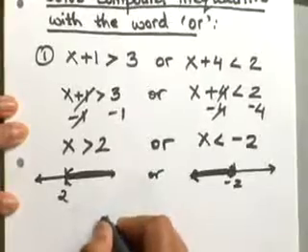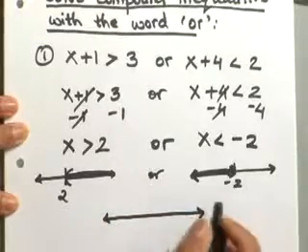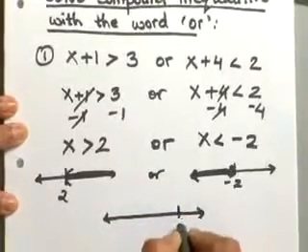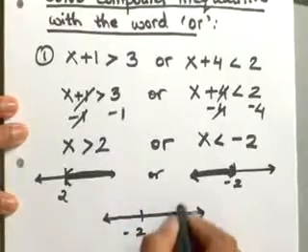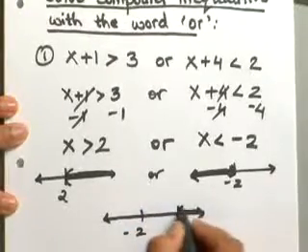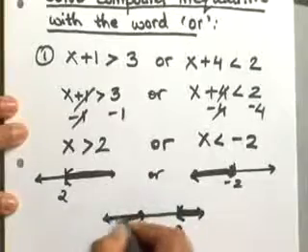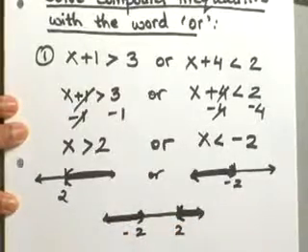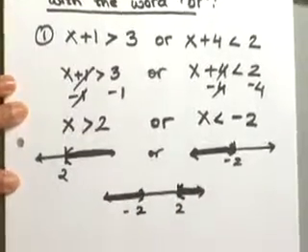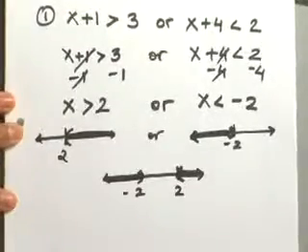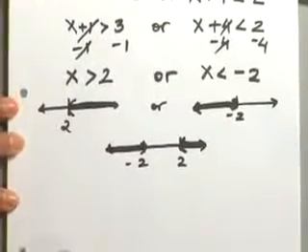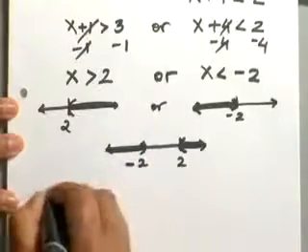So when you combine these two together, we're basically saying x is greater than 2, and x is less than negative 2. You can see they are two separate sets here. So to combine them, we will have to use the union of sets.